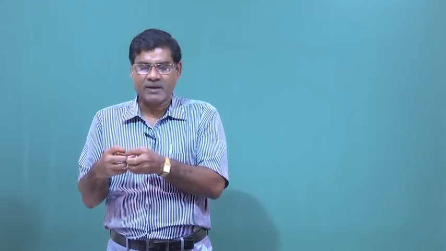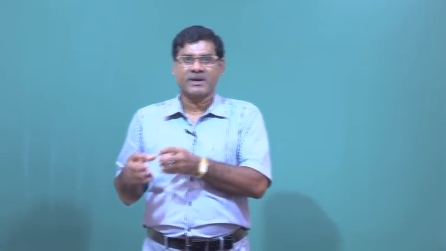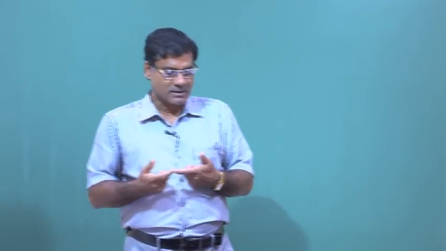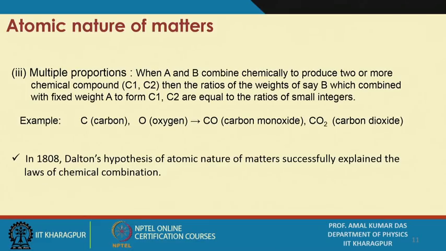They have to combine in a definite proportion to get the product C; it is not arbitrary. Okay. So, that was the law of definite proportions, and the third one is multiple proportions.